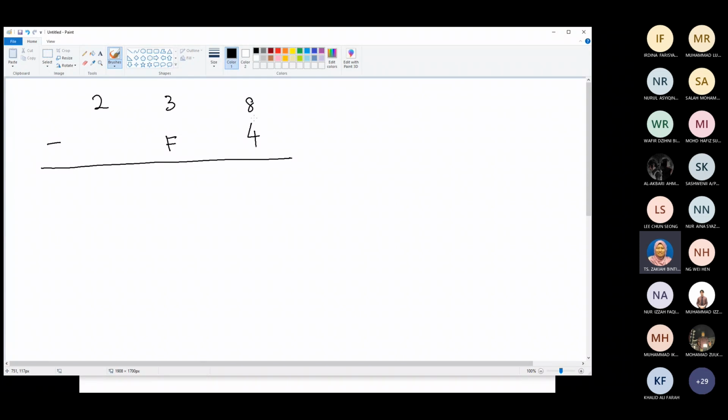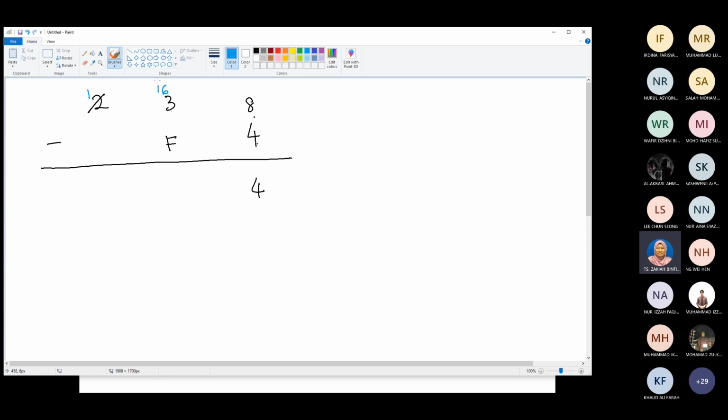8 minus 4 is 4 here. Now, 3 minus F is not enough, so you want to borrow here. When you borrow from this one, this becomes 2, and 2 minus 1 becomes 1. The digit that needs to borrow will change into 16, because my mind always thinks in decimal, right?